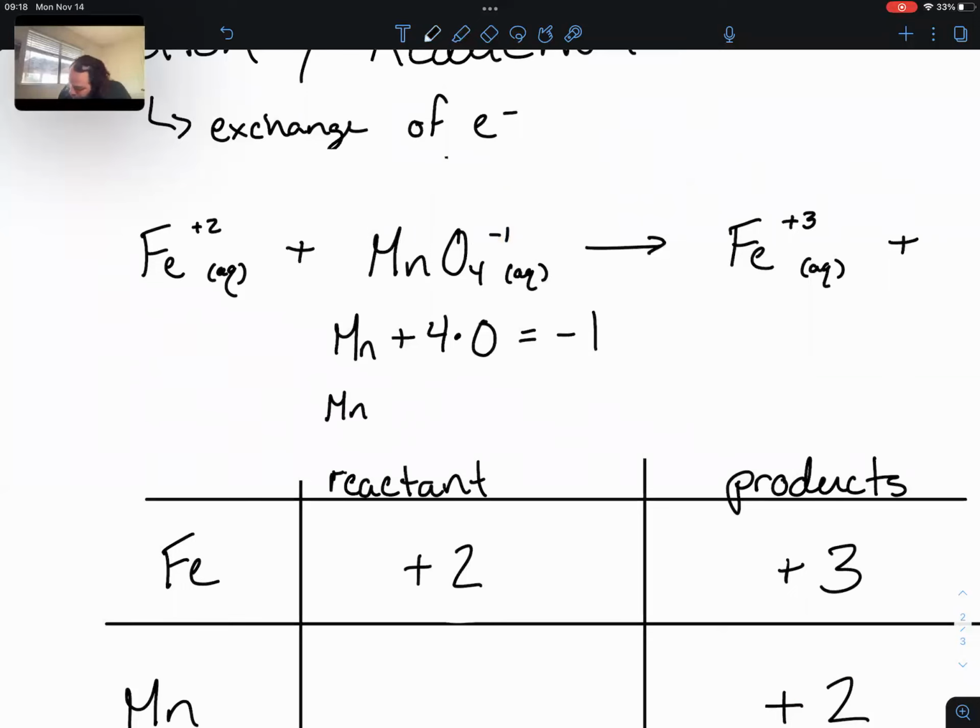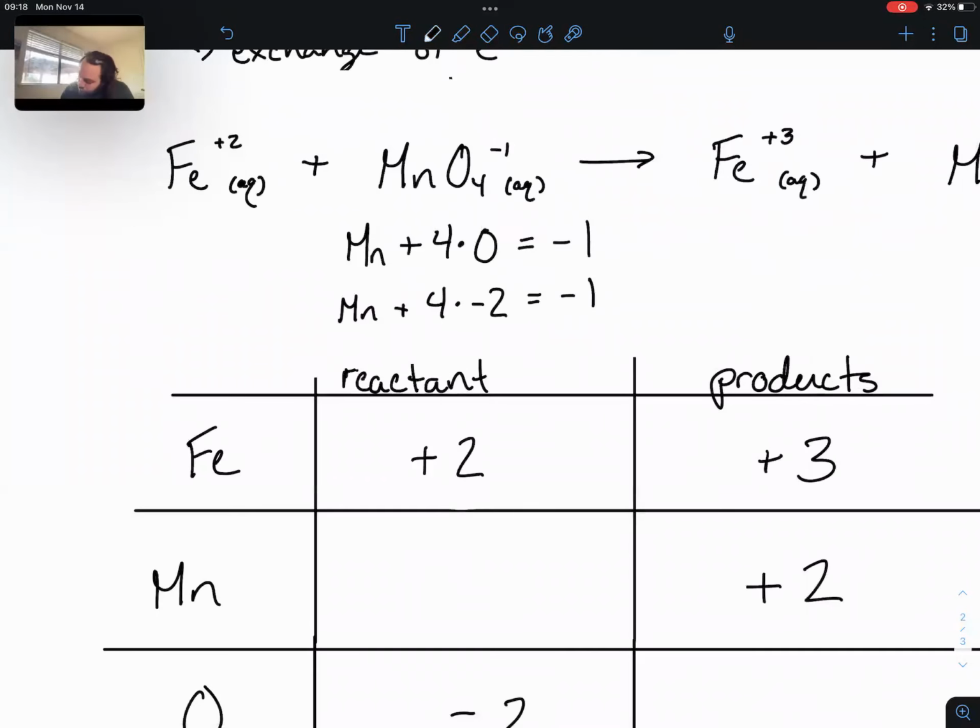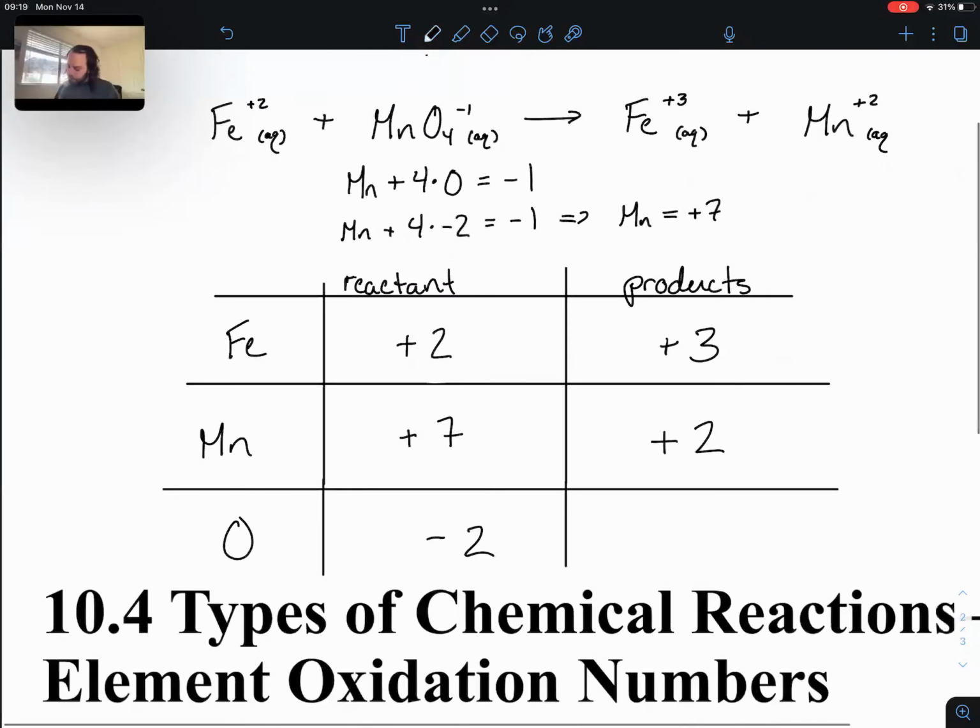So again, I don't know what my manganese is, but I know that this is 4 times -2 equals -1. Right? So if I do my math, -8 would give me -1. I can rearrange this to figure out that the manganese has to be +7.